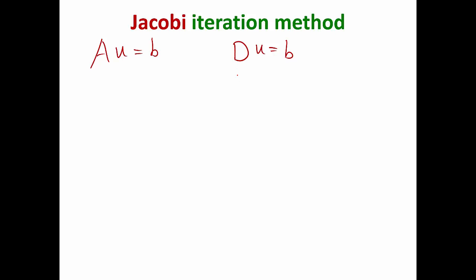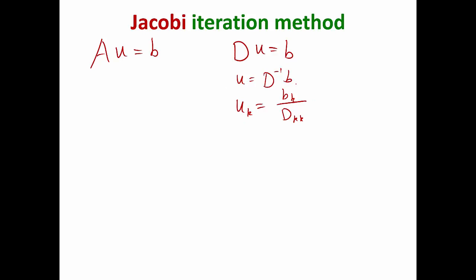Right, good point. So U is equal to the inverse of the diagonal matrix times B, and the inverse of the diagonal is still a diagonal matrix. The diagonal entries are just the reciprocal of the diagonal entries of D. So basically U_k, where k is the kth element of the vector U, is equal to B_k divided by D_kk, where D_kk is the diagonal entry of D. So that's easy.